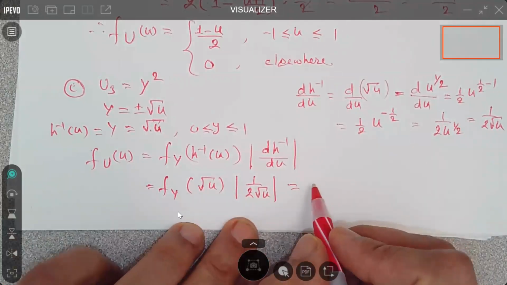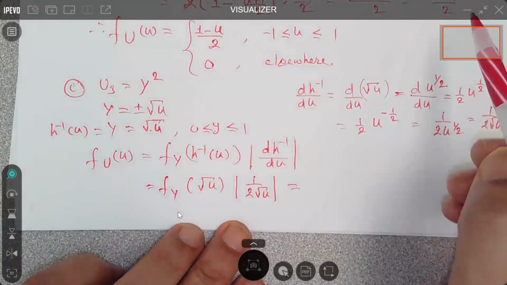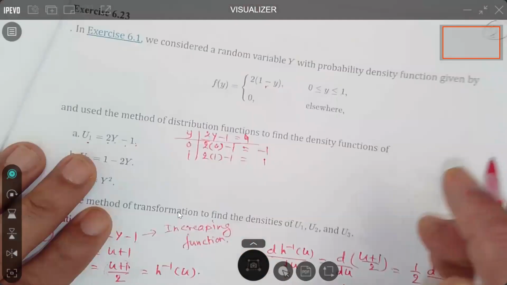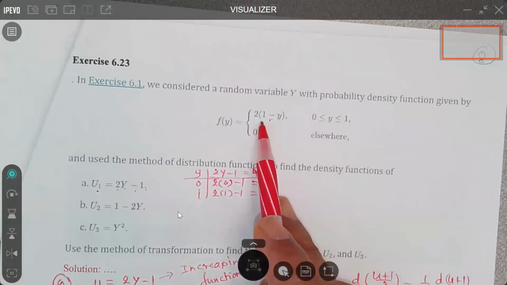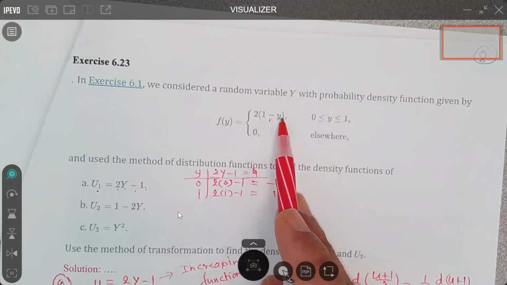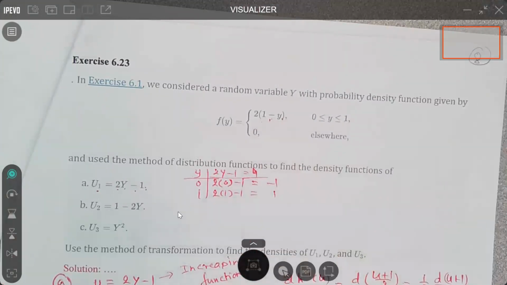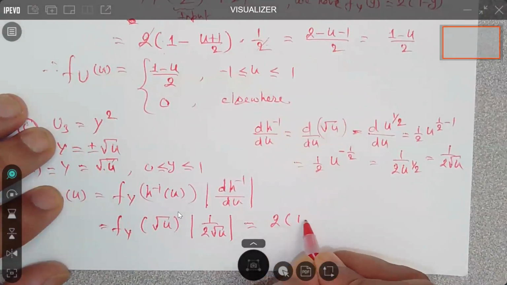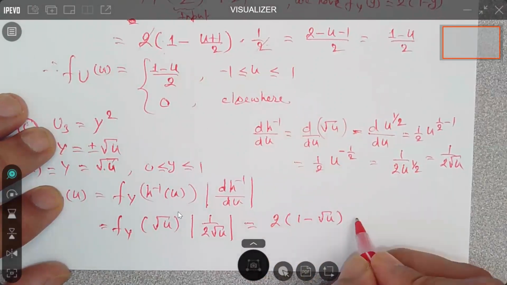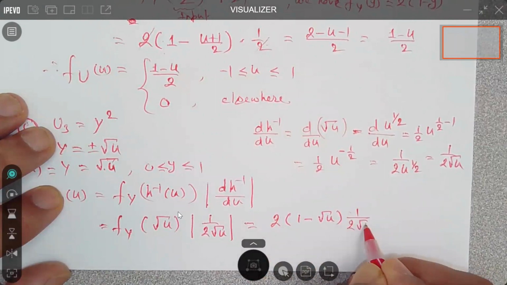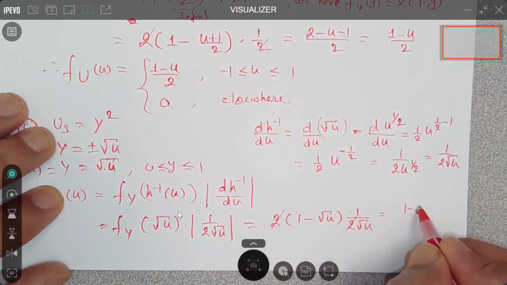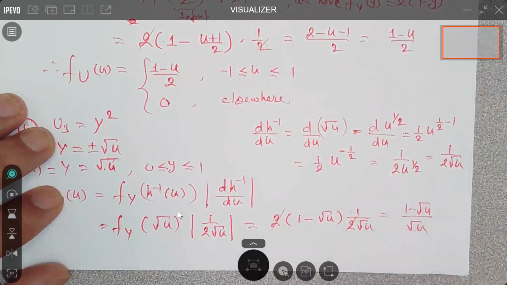Now plug in the value for this one, fy. Fy is 2 times (1 minus y), right? So you plug in the values here. So this is equal to 2 times (1 minus root u), divided by 1 over 2 root u. So this and this cancel here. So this is equal to 1 minus root u over root u.